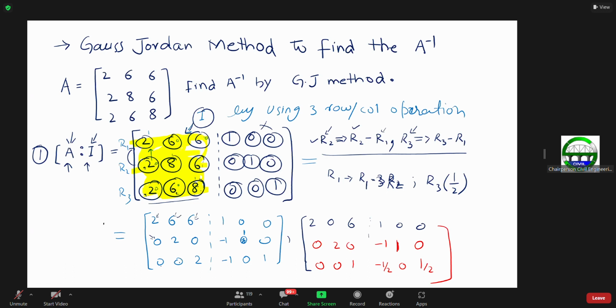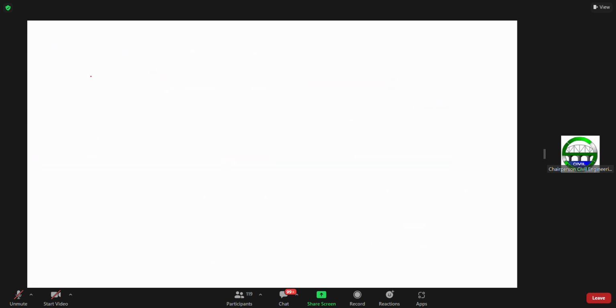So this one is the second operation, and in the last one we will go with another operation. That operation will be R1 equals R1 minus 6R3, and R2 again multiplied by this one.